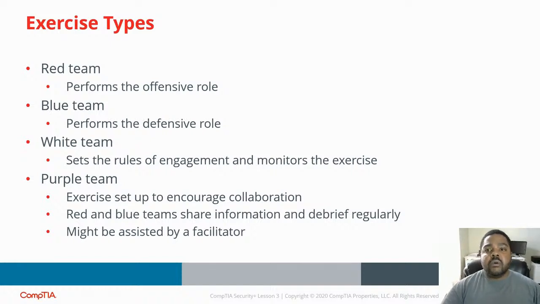They set the boundaries of where things can go and how long it can take. Now, again, I'm not a fan of having rules in this type of war because in real life, attackers don't care about rules. It's about getting the main objective done. But anyway, I digress. Purple teams will set up the collaboration between the two different teams and come up with the lessons learned after the fact.